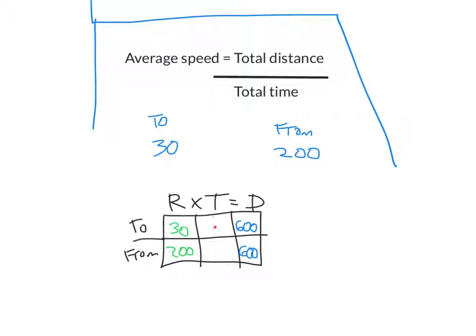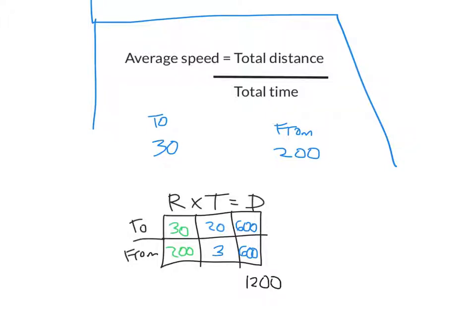And in order to get to work, that's going to be 30 times what gives me 600? Well, that's 20. So it actually takes 20 hours to get to work. That's miserable. And then we have 600. So 200 times what gives me 600? So that's 3 hours. So it's a 3-hour ride back. How about that? Crazy. So 600 plus 600 is 1,200.